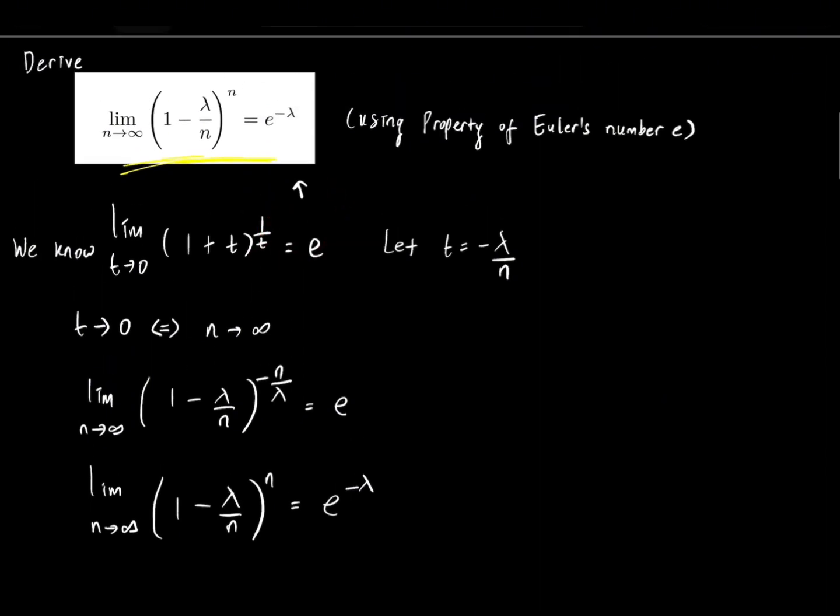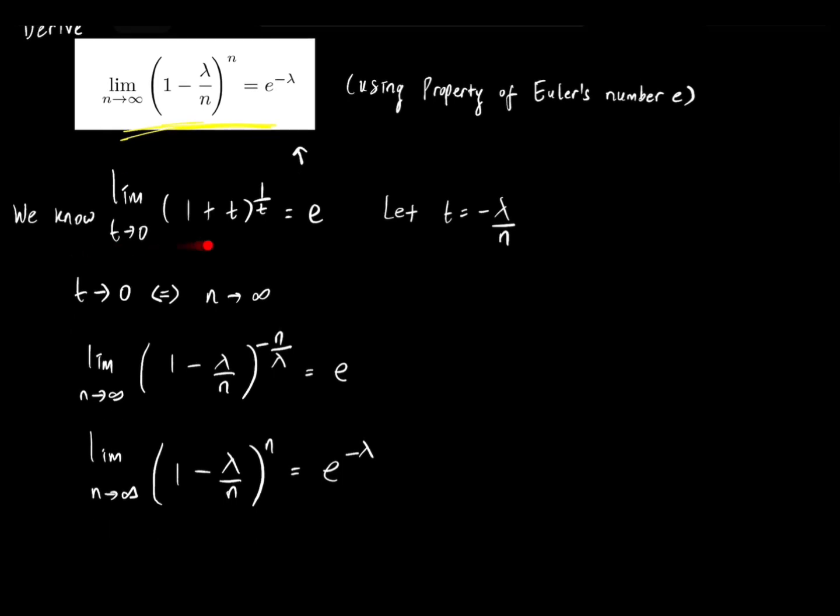The only difference between this form and this form is that inside, instead of 1 plus t, we have minus lambda over n here. So we let t be equal to minus lambda over n. And as t tends to 0, n tends to infinity, or vice versa.